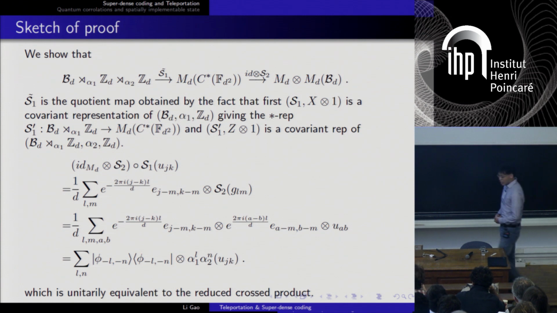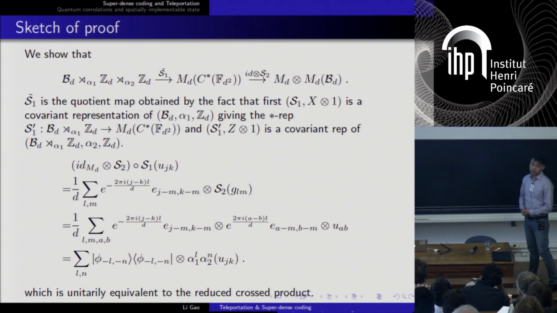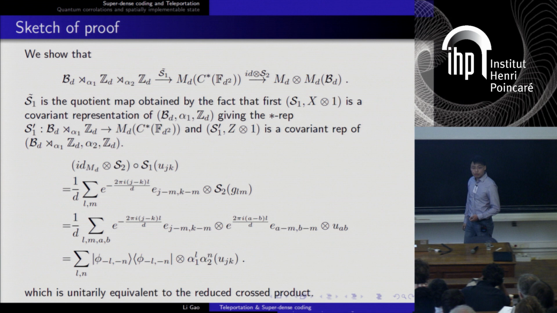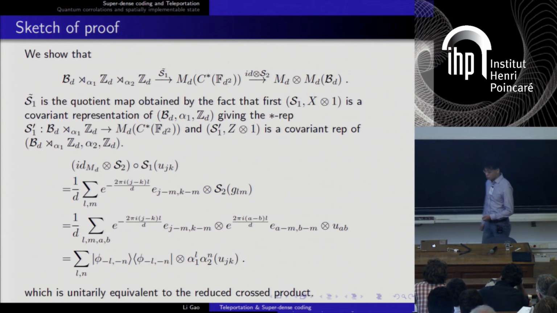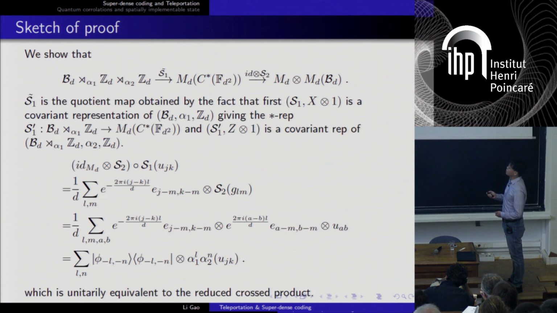Then after that, we apply the other star homomorphism from the lemma, tensored with the identity on the matrices. We want to show that the composition of these two maps actually gives a picture of the reduced cross product. We check by simply calculating the image of the generators.